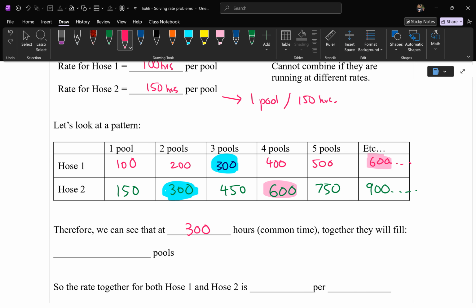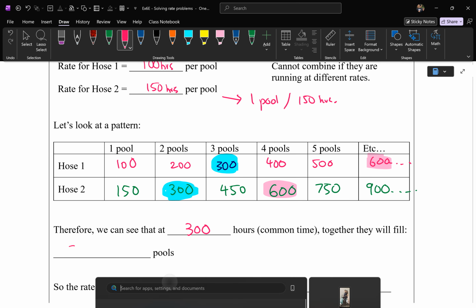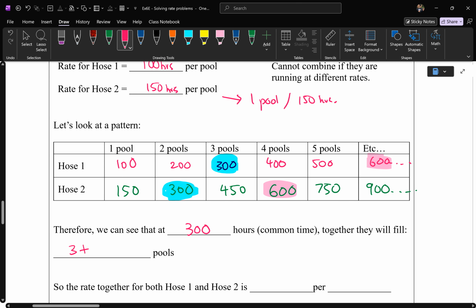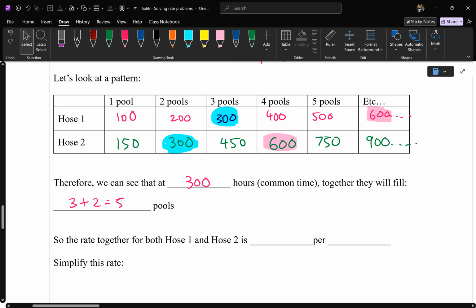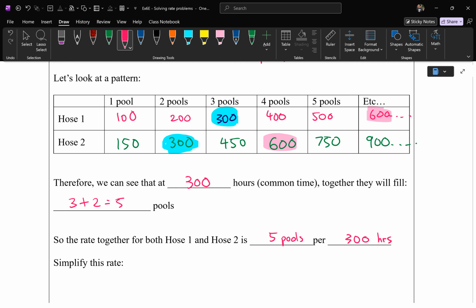See, this hose would have filled 3 pools plus, yes, that's right, this one would have filled 2 pools. So the rate that this is going, if I combine them both, what's the rate that it can fill up? It's 5 pools per 300 hours.